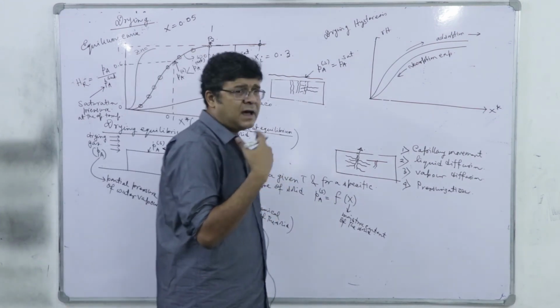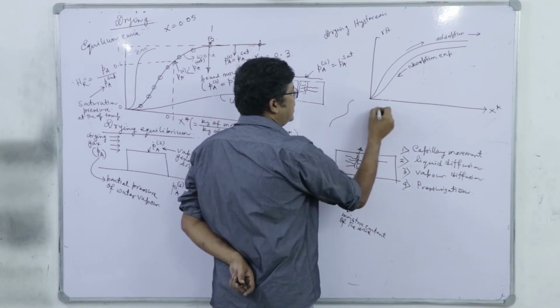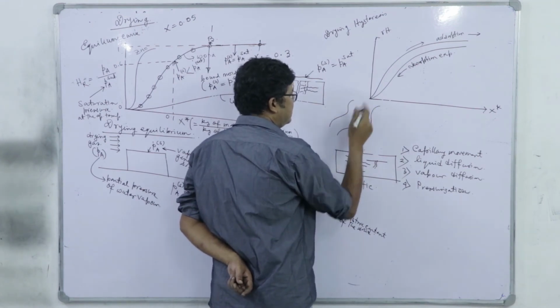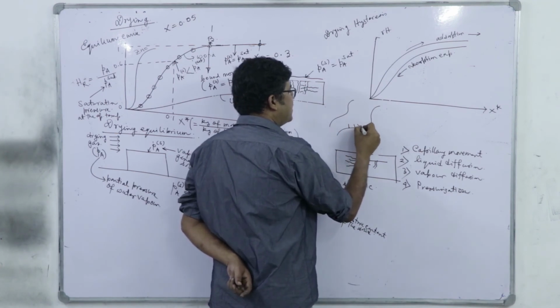For that we have to go to physical chemistry and the associated structure. If I think that this is a capillary in the solid, here we have different functional groups on the surface.